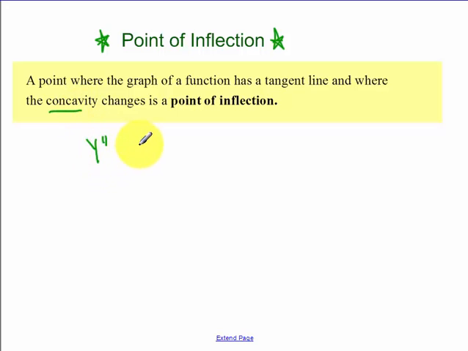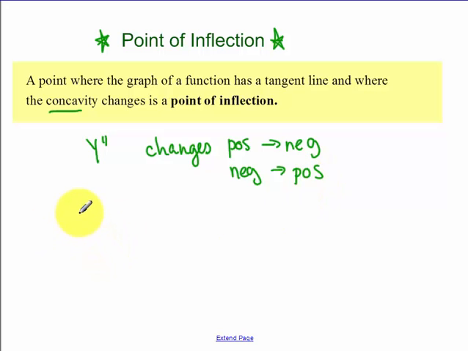So y double prime changes from positive to negative, or from negative to positive. And what you have to look at is when y double prime equals 0, or when y double prime is undefined. Those are kind of your critical points for your second derivative.